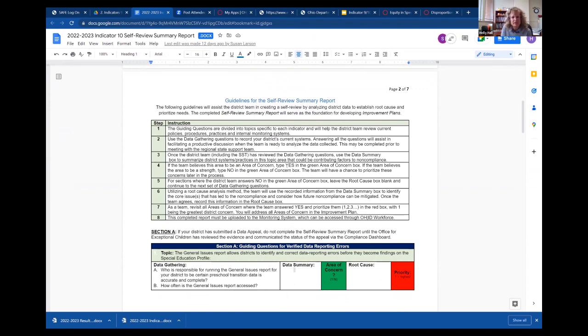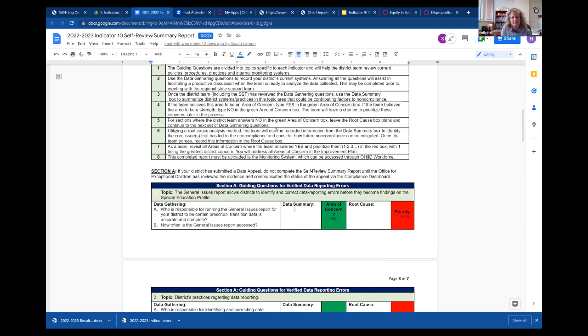We're using those data gathering questions to think about all of the systems that we currently have in place, especially around evaluations. And by going through each of the questions, it helps us analyze the data based on all of our responses. In terms of completion, they give you a clarifier regarding the involvement of the state support team.